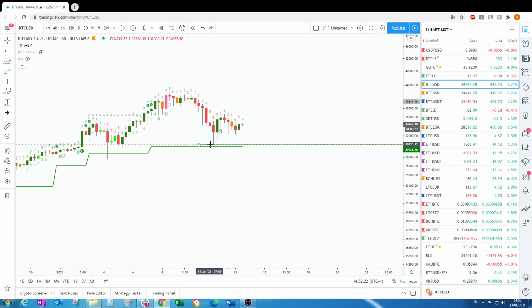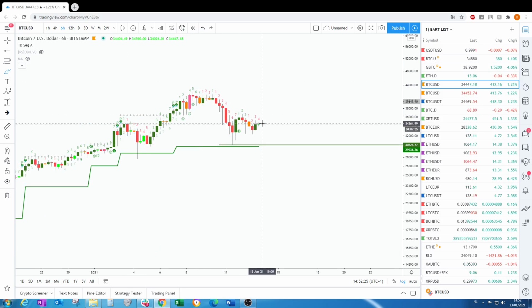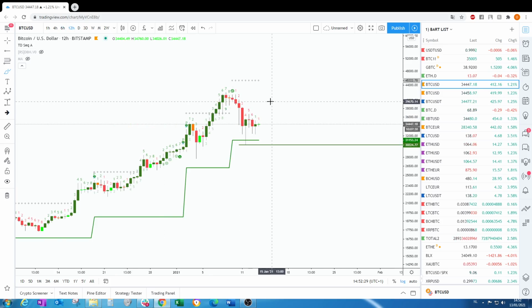So the 6-hour time frame needs to hold the 30,000 level and break the 6-hour equilibrium bullish, and then we would expect a lower high, tightening range into next week, and then most likely continuation up.